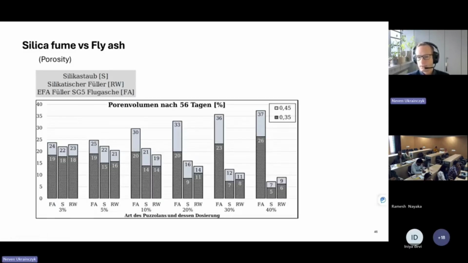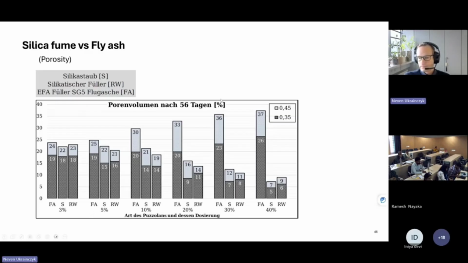This was a model he made. You can see different pore volumes for different replacement ratios, fly ash, silica fume. What is IR1? This is just a silica filler.